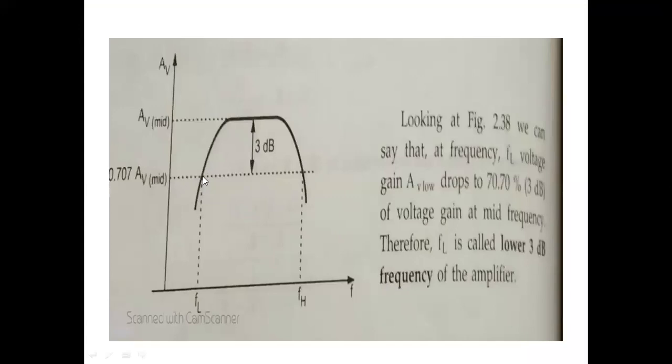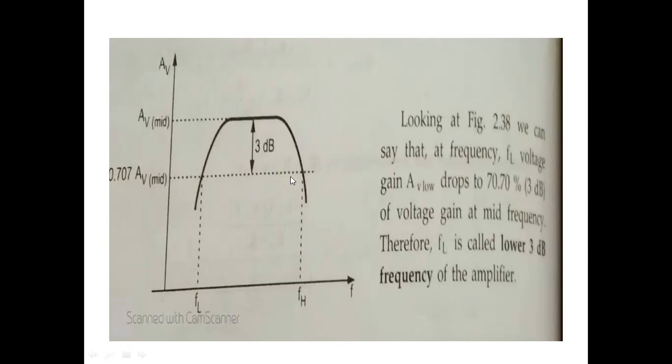At lower frequencies, the gain is reduced to 0.707, that is 1 by root 2 times the maximum value, that is the mid frequency gain. At higher frequencies also, the gain is reduced by 1 by root 2 times from the mid frequency gain. So this is FL, this is FH. In this manner, we have to find the gains at different frequencies.